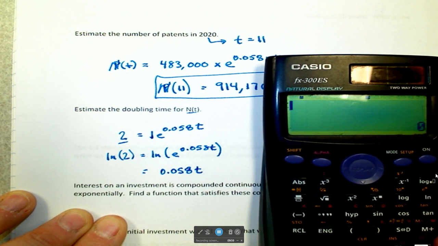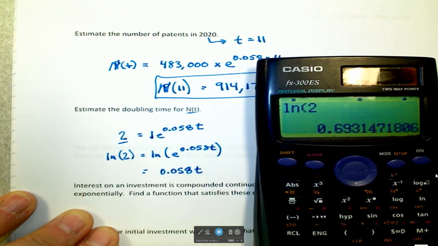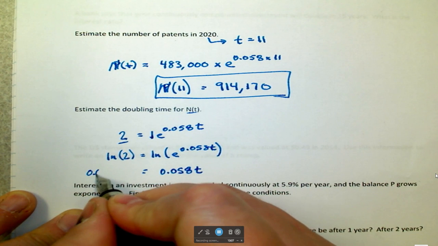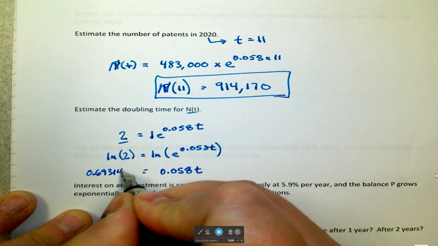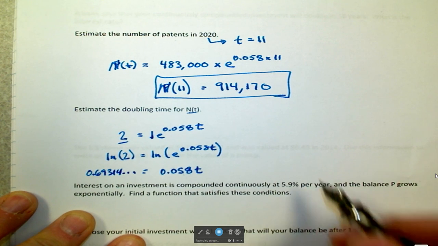And the natural log of 2, I don't know, but I can type into my calculator, natural log of 2, and I write it down, 0.69314, yada, yada, yada. Okay, so I'm going to write that down, 0.69314. Now, we're going to divide by this.